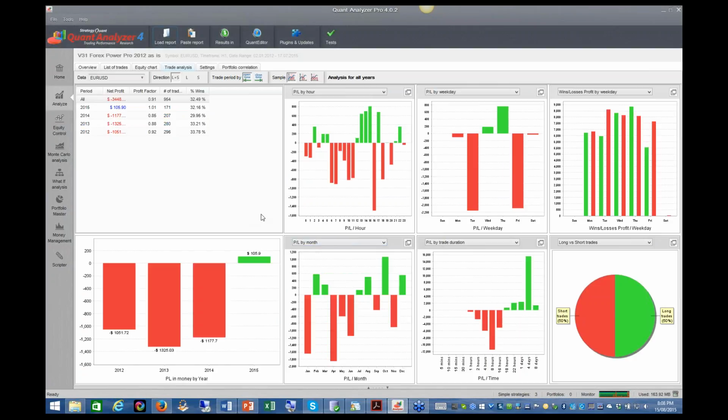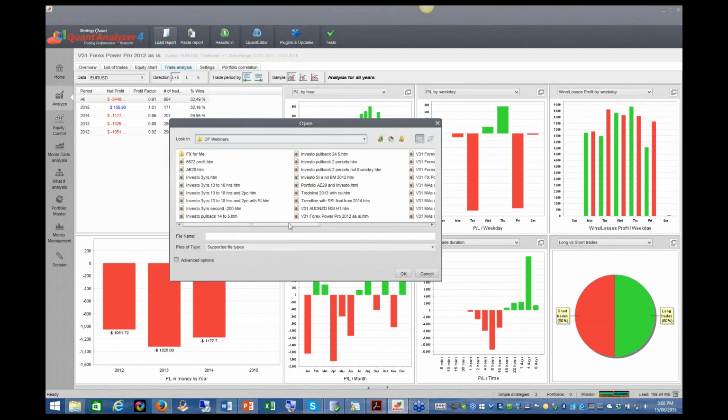As we can see, if we took the strategy straight from the web, it would be a dismal failure. We've just made a bit of profit in 2015, but the first 3 years were a hefty loss.